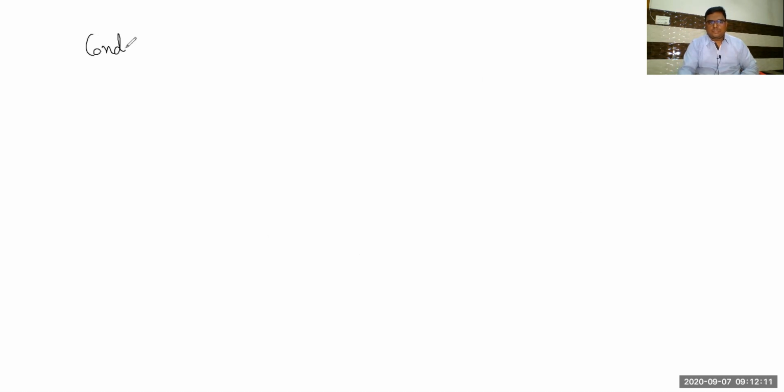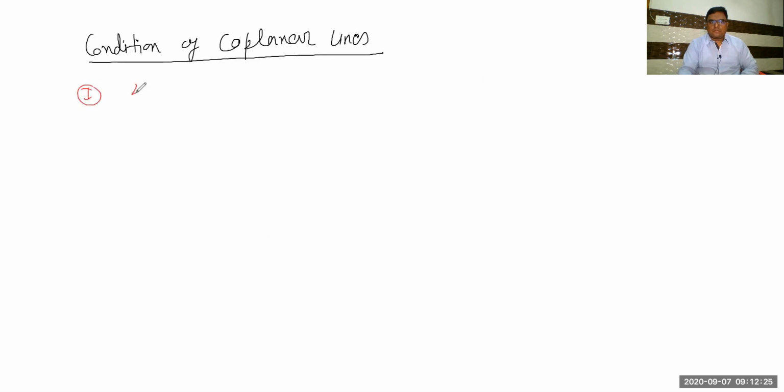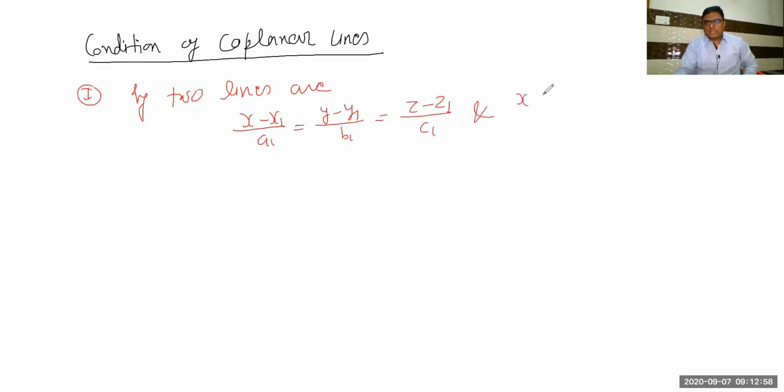So, condition of coplanar lines. First, if two lines are (x minus x1) upon a1 is equal to (y minus y1) upon b1 is equal to (z minus z1) upon c1, and (x minus x2) upon a2 is equal to (y minus y2) upon b2 is equal to (z minus z2) upon c2.